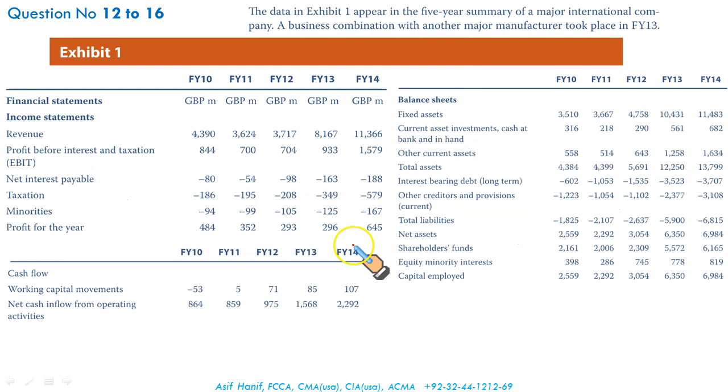So here we go. We have the numbers. Let's take the assets, 4384, right here.